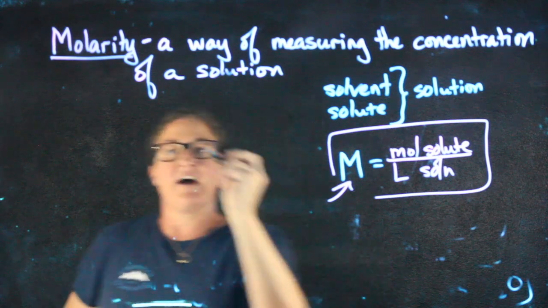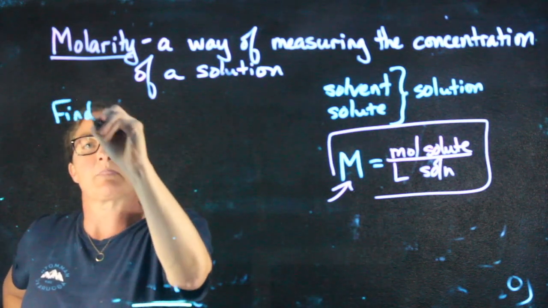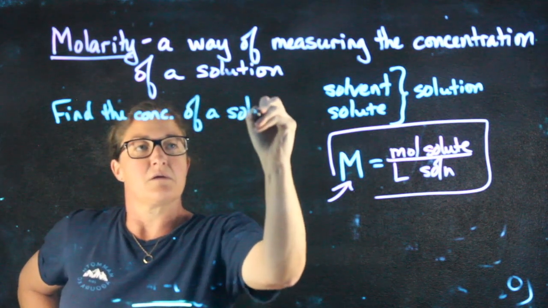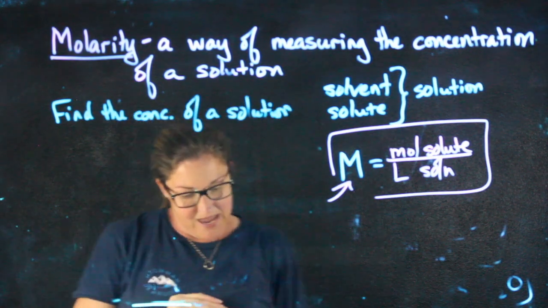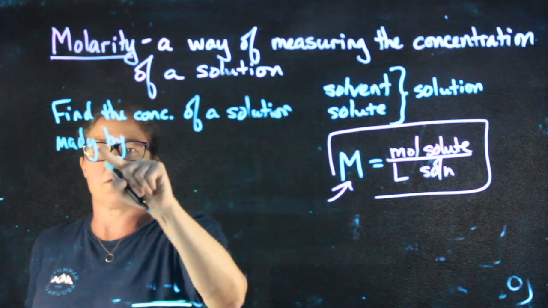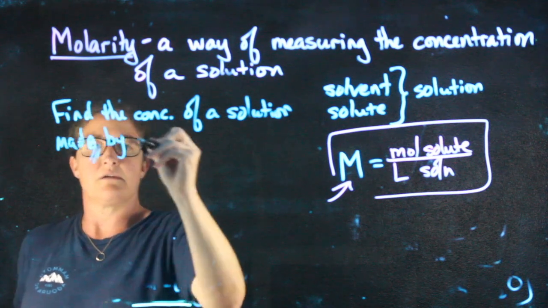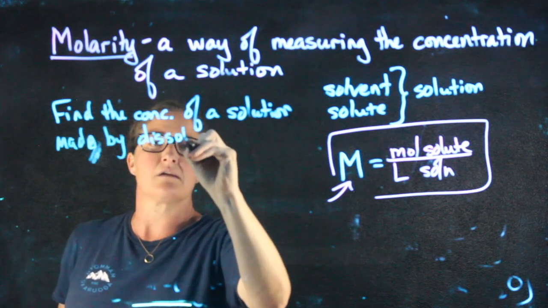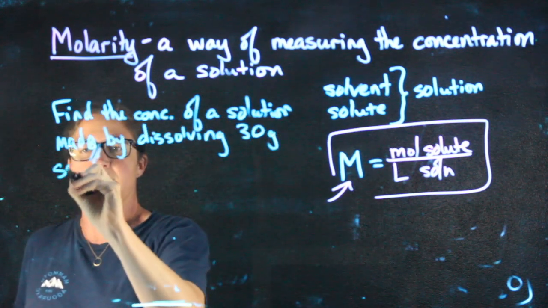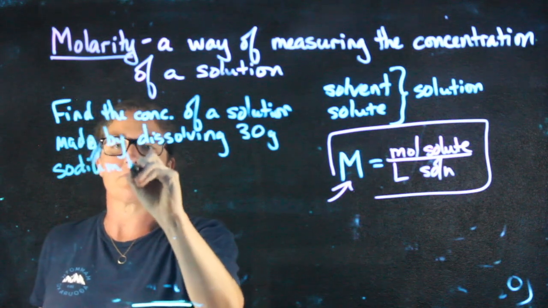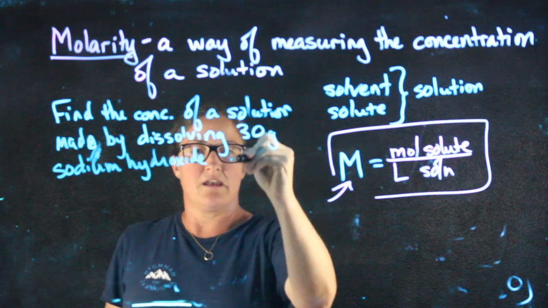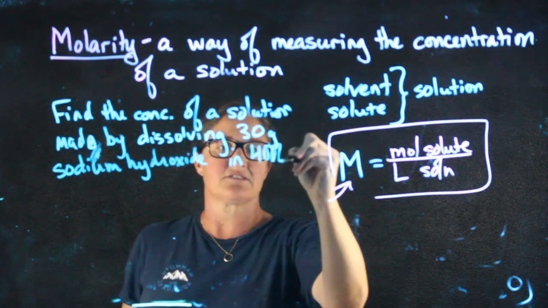We are going to find the concentration of a solution that is made by dissolving 30 grams of sodium hydroxide in 4,000 milliliters.